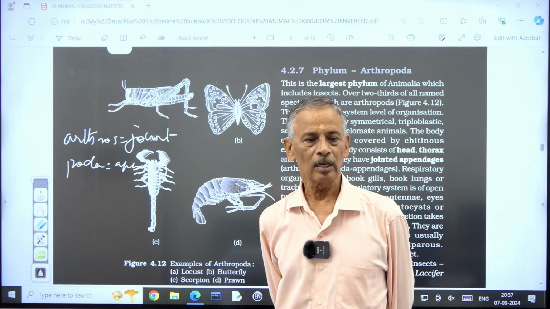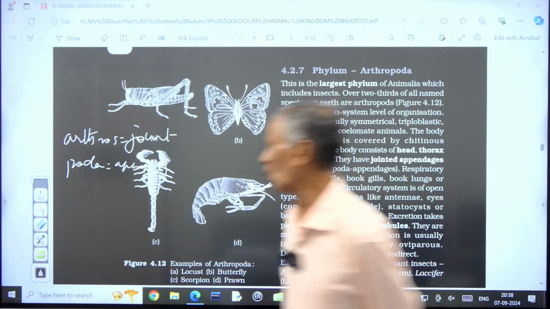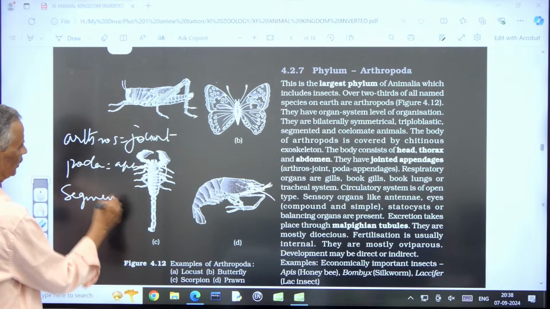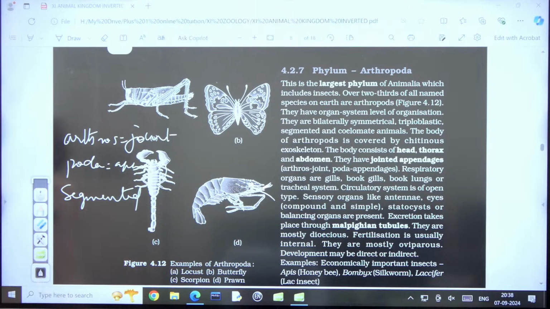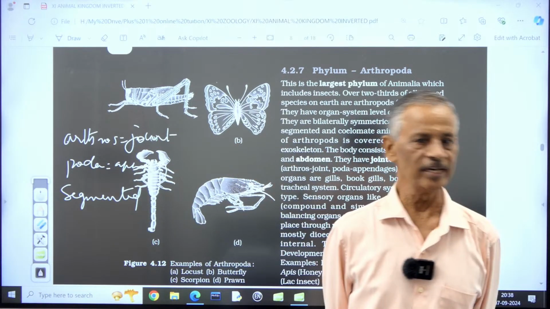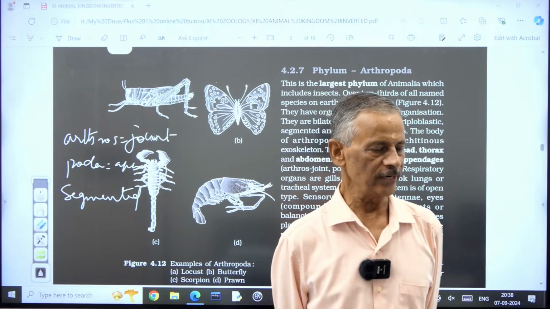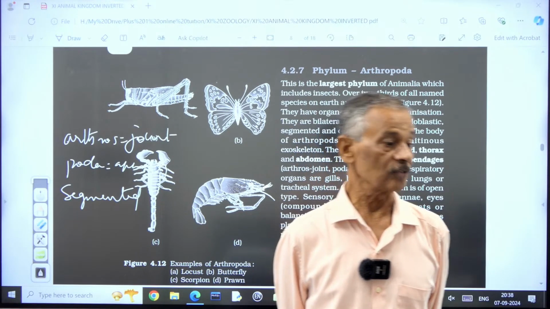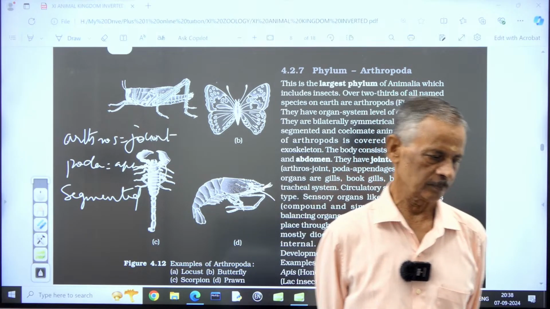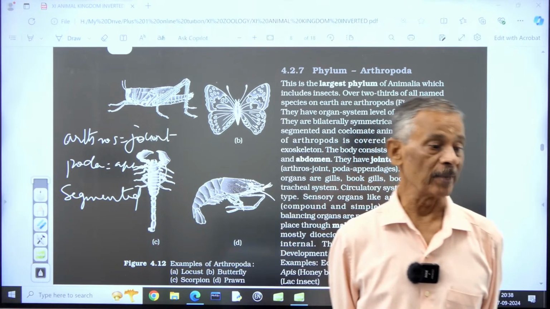Not only their appendages are made up of so many joints or pieces, their whole body is also segmented. Segmentation is seen in 3 phyla. One we have just studied, Annelida. Second one is arthropoda. And third one is chordata. The last one we will be studying next week. So in these 3, we are having segmentation.